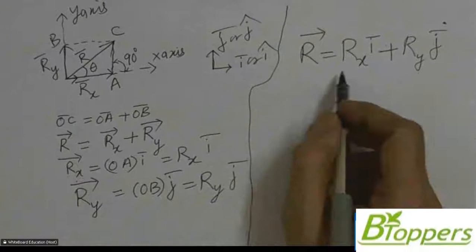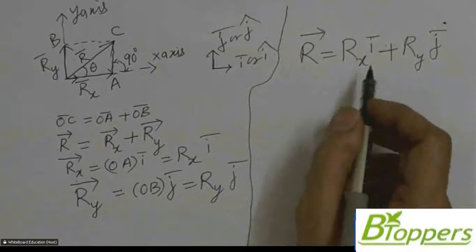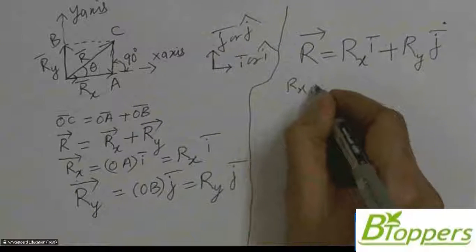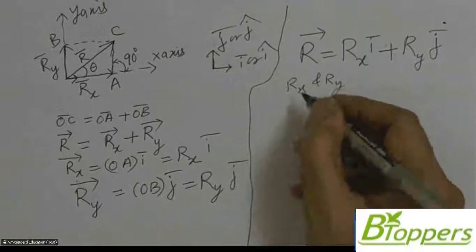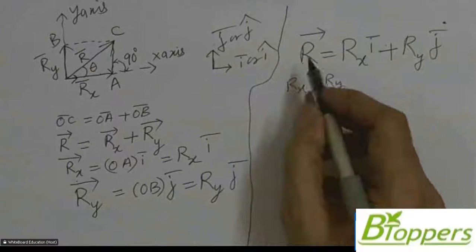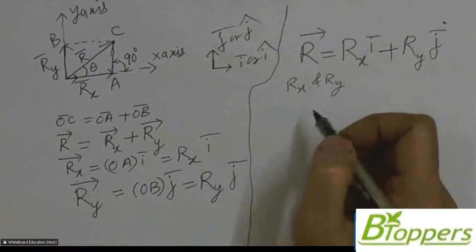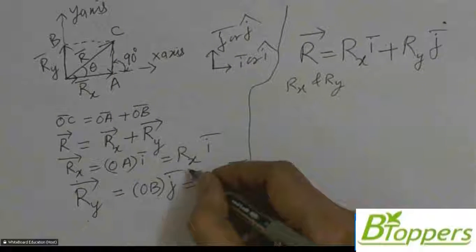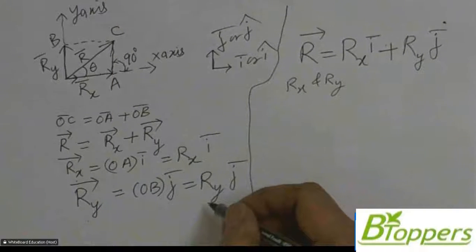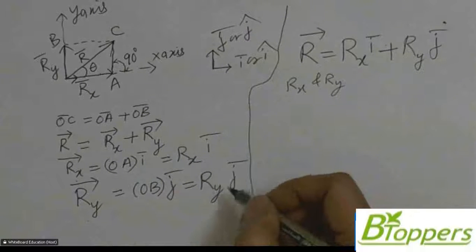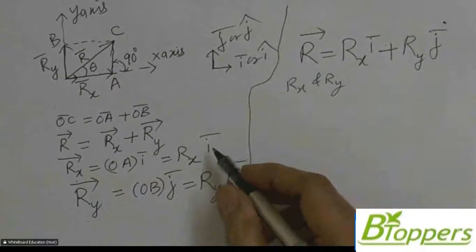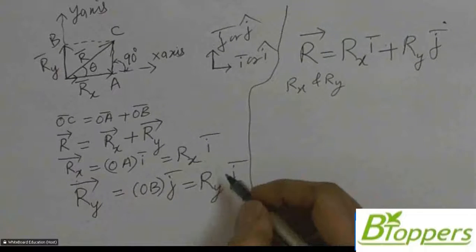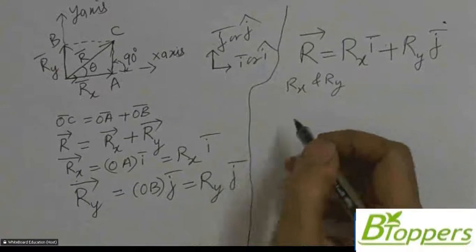This Rx and Ry are called scalar components of vector R bar. Whereas Rx bar and Ry bar, that means Rx I bar and Ry J bar, are called vector components of vector R bar along the x and y axis respectively.